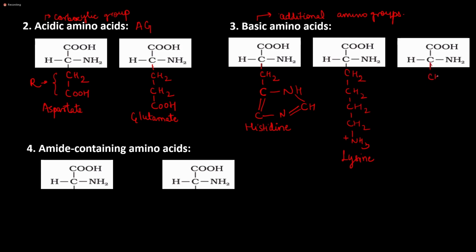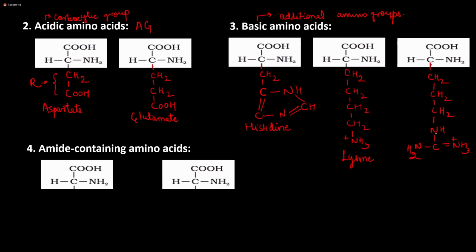Arginine again has CH2 just like lysine. It also has 4 carbons, but there is one difference. You have 3 consecutive CH2, and then you have an amino group and C. So you have 4 carbons just like lysine, but the arrangement is different.